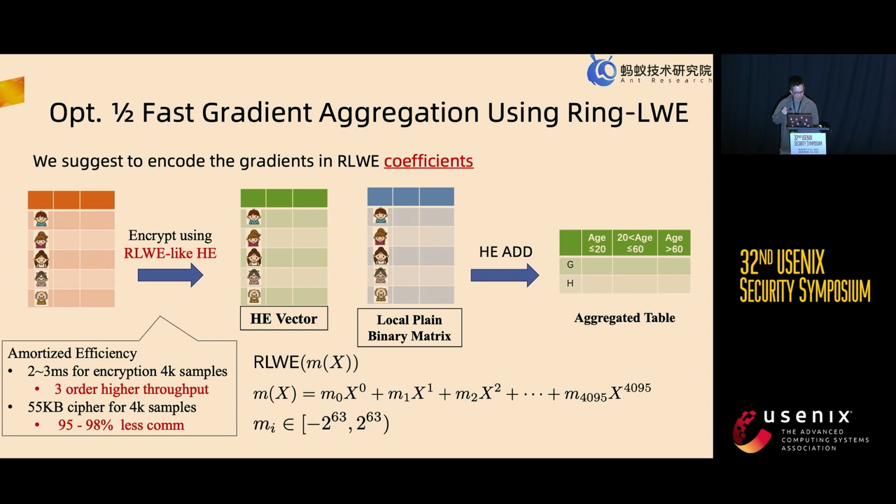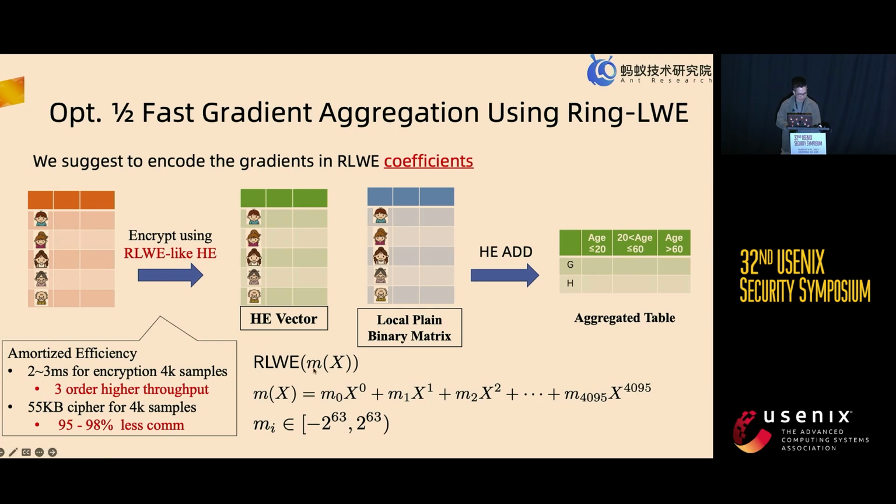So our proposal is to switch to a ring LWE-based homomorphic encryption, and to encrypt the gradient vector as the coefficients of the RLWE polynomials. RLWE is a homomorphic system which can handle a polynomial as a whole.